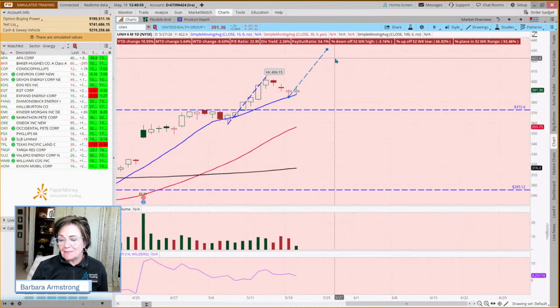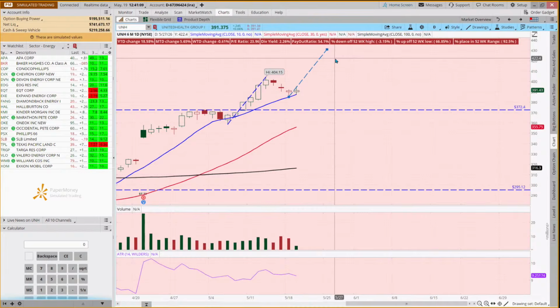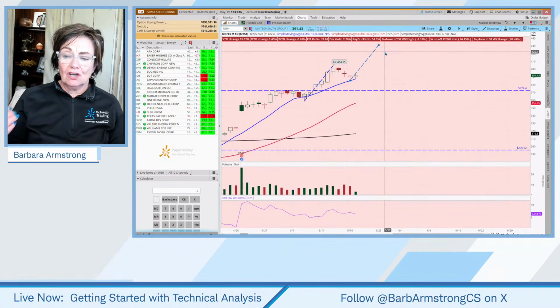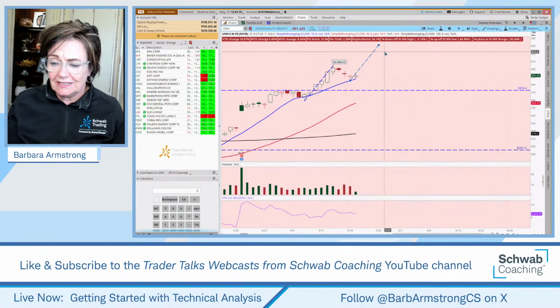somebody's asking if I've covered all the patterns. Here's another couple of example trades that you might want to consider. We have not covered all of the patterns that there are to cover in the world of technical analysis. I will post a chart on X and we'll go into more details on that next week. But we did look at a head and shoulders pattern. We did look at an inverted head and shoulders pattern.